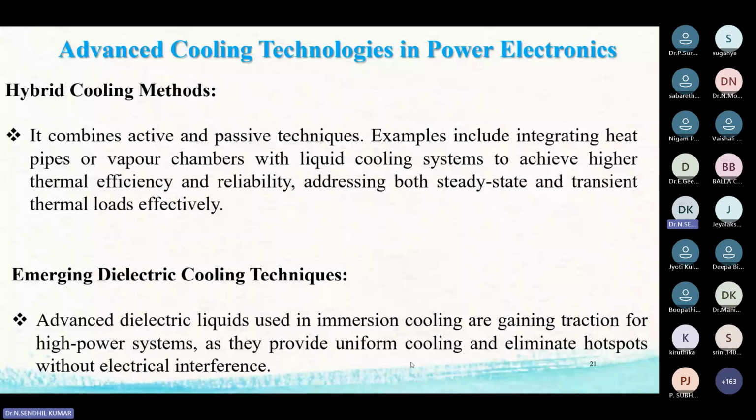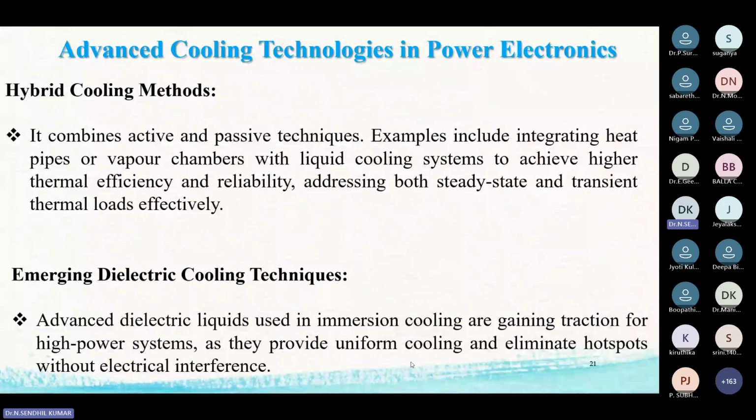Another thing is the emerging dielectric cooling techniques. That means the system is immersed in advanced dielectric liquids such as mineral oil or castor oil, which provide the cooling platform for the hotspots.